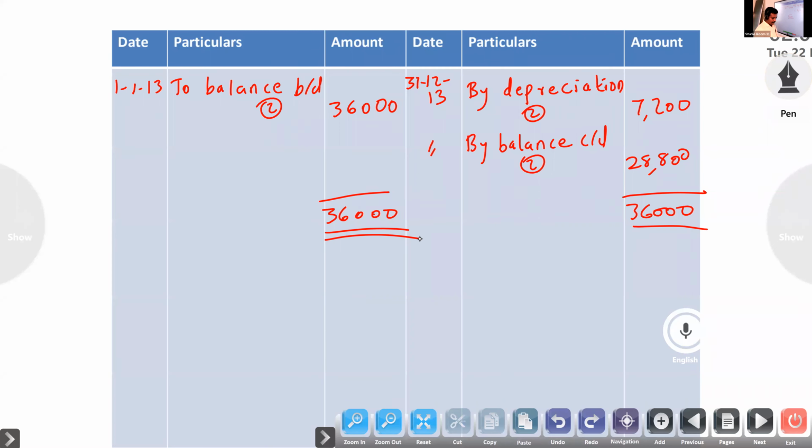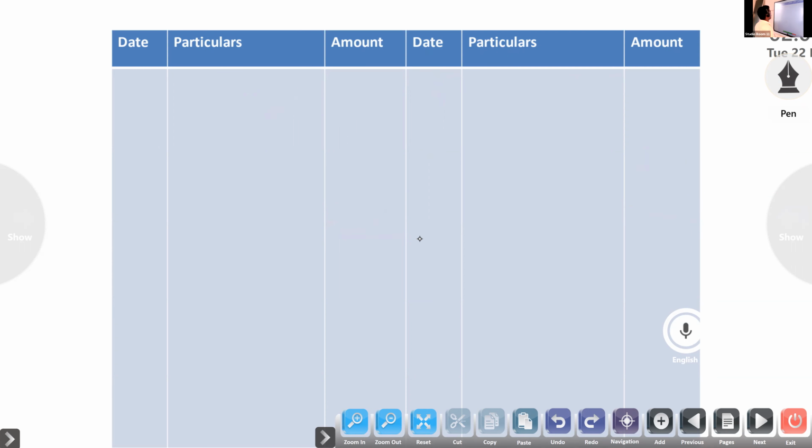Same date we purchased another for 64,000. So depreciation is provided annually on 31st March at the rate of 10% per annum on the written down value, diminishing. Show the machinery account for 3 years. Only 3 years. So machinery account.